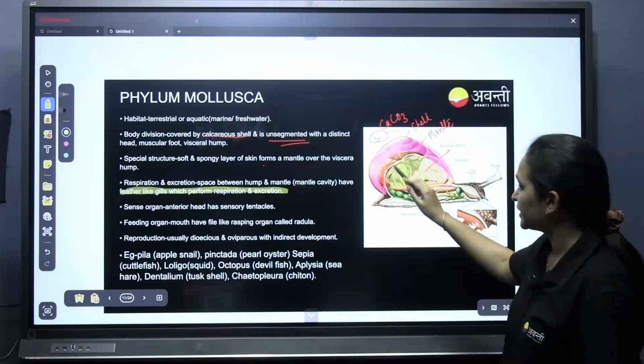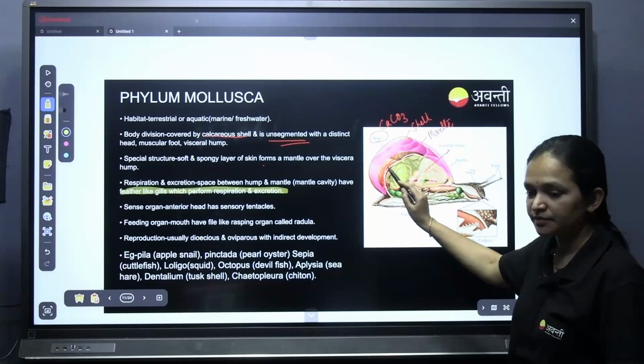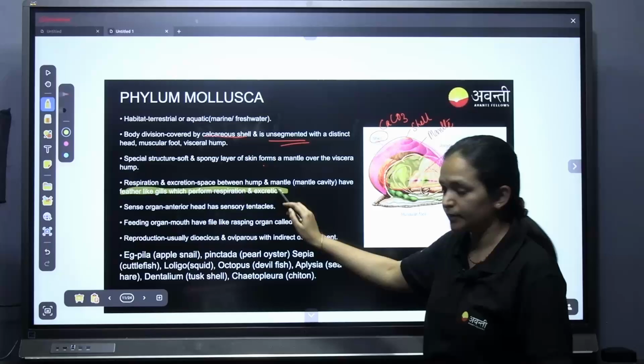They will be present in the mantle cavity here. This helps in respiration as well as excretion.